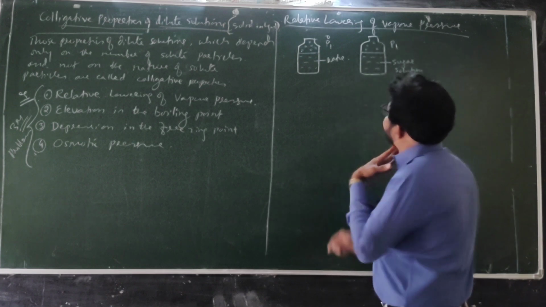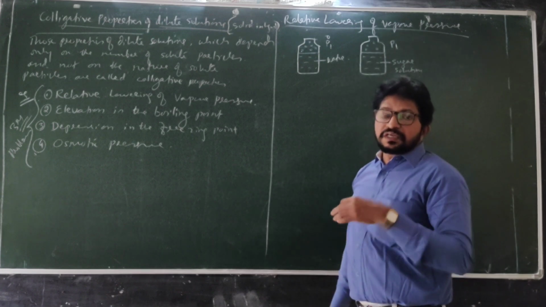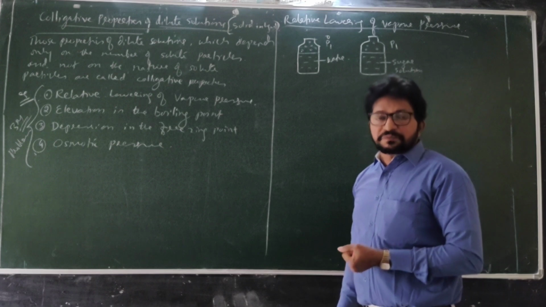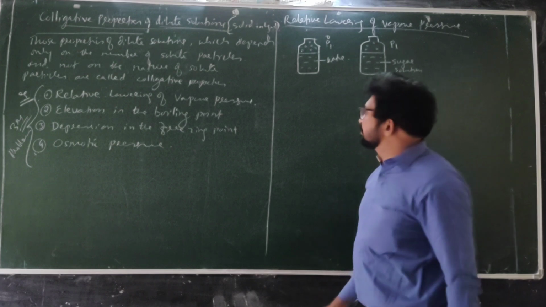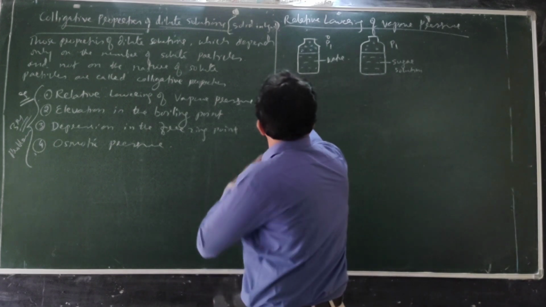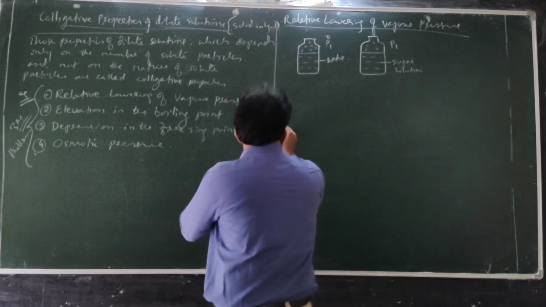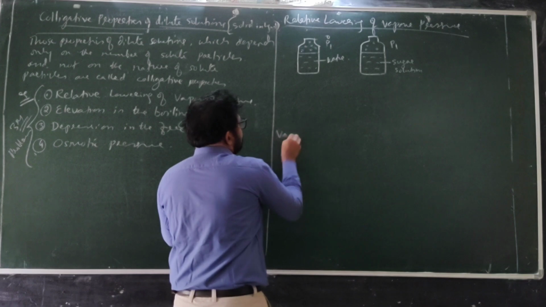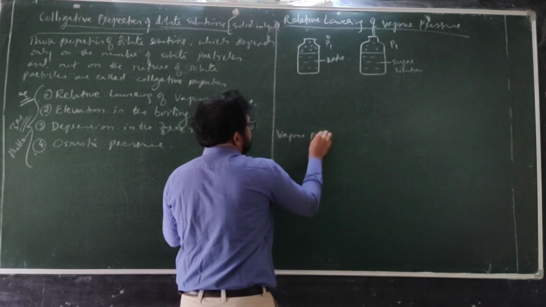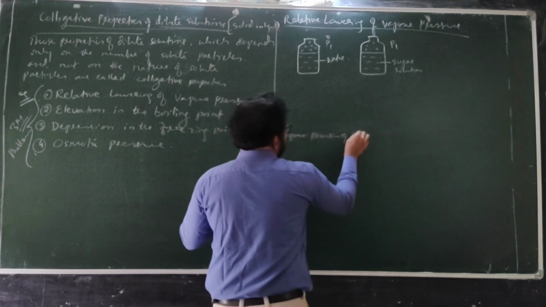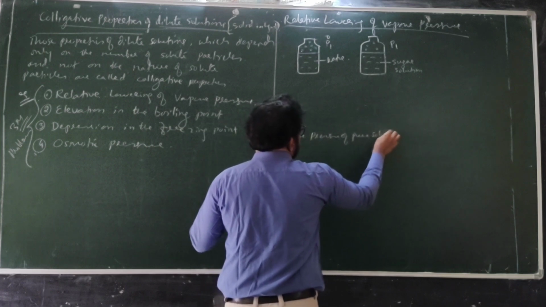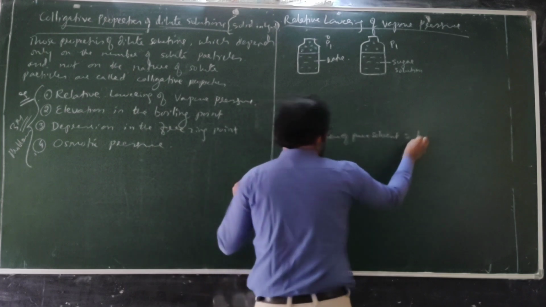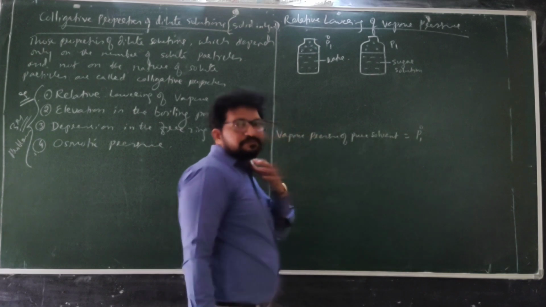You read the heading now. Lowering of vapor pressure. Relative lowering of vapor pressure. So what is lowering of vapor pressure? Let us understand like this. Lowering of vapor pressure: vapor pressure of pure solvent P1 naught, right?